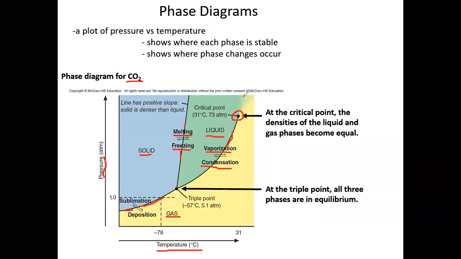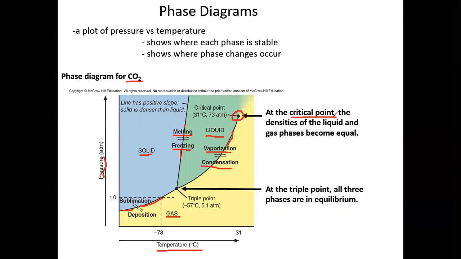Above this, it has some properties of a liquid and some properties of a gas. It's not really a liquid, it's not really a gas. They call it a supercritical fluid, and supercritical CO2 is used in a lot of industrial processes. So that's one key point, the critical point.